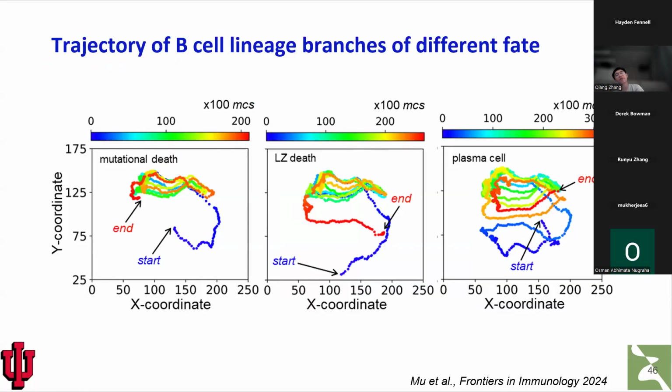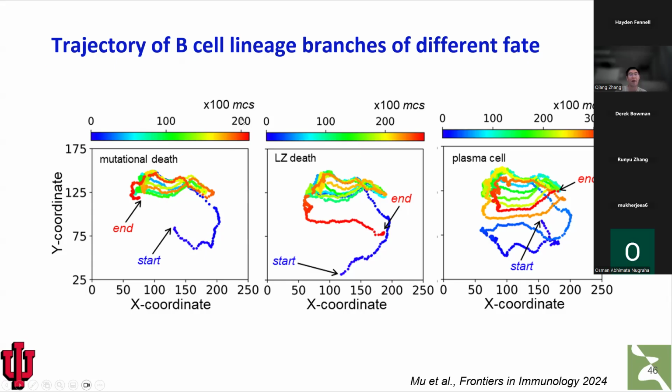Okay, so here is an idea of what you get after using the analysis script. In the paper we published, there are 3 lineage branches ending with different fates. For the one on the left, it starts over here and goes through a number of time steps. The color represents the time.